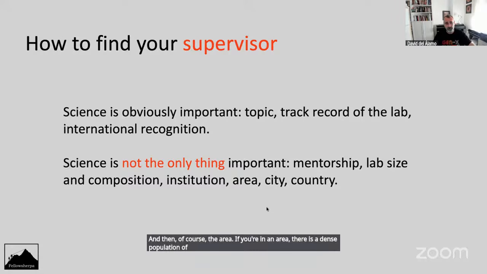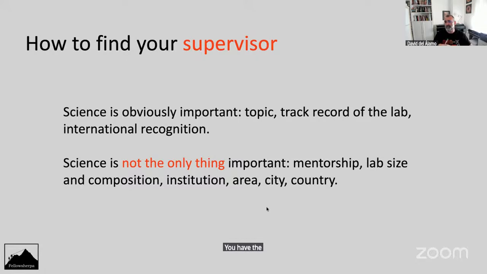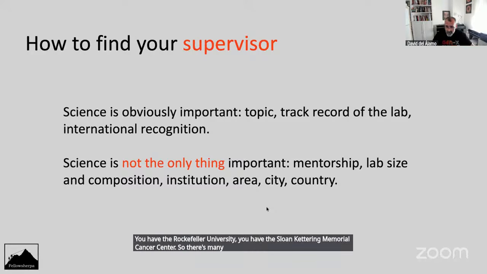For example, if you go to New York, within 1 hour you have Mount Sinai Hospital, Columbia University, NYU, Skirball, the Rockefeller University, and the Sloan Kettering Memorial Cancer Center. So there are many places with many different scientists. There's a high density of scientists. The same if you go to Boston or San Diego, places like that.